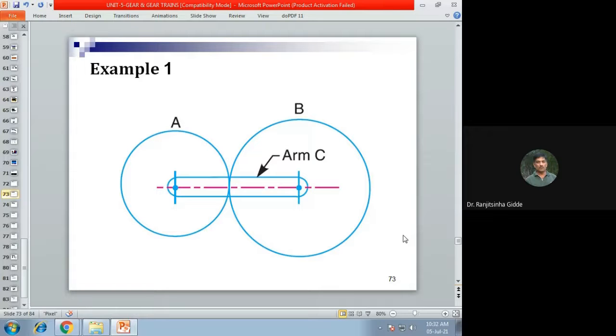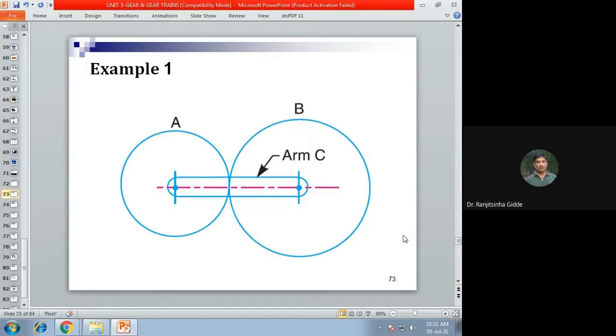Completed. Now take down the statement for the numerical. In an epicyclic gear train, everybody should write, then only you are able to solve this numerical.